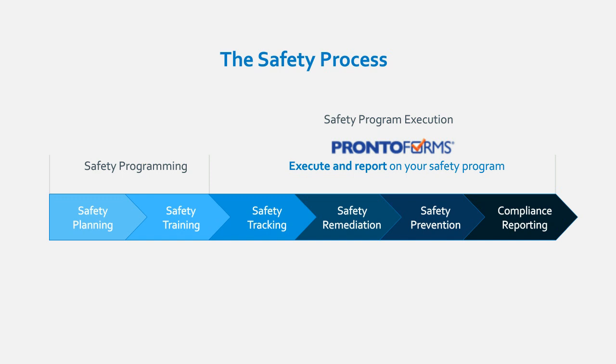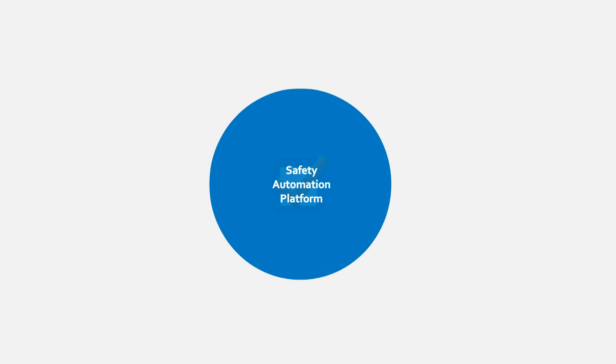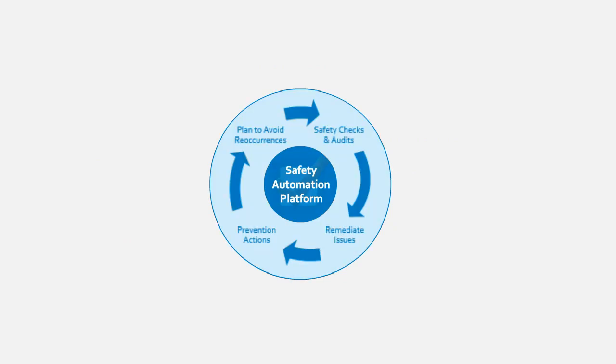We're going to look at this last point here, which is a continuous learning cycle. I think this slide really tells the story in a great way. If you start at the top at 12 o'clock, you have some safety checks and audits that you have to execute and handle in the field.